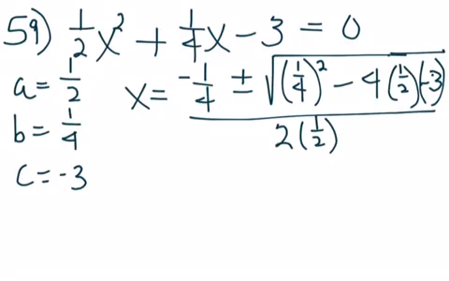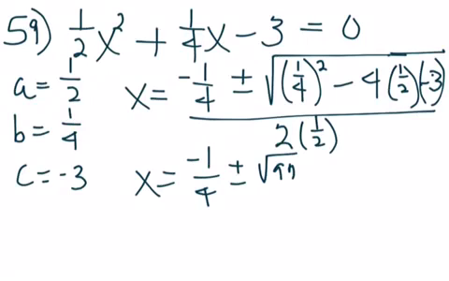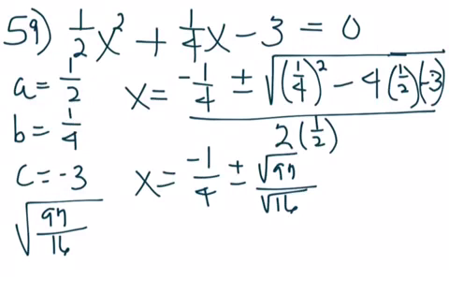If you do 1/4 squared minus 4 times 1/2 times -3 in the calculator, you will get the square root of 97/16. And if you'll remember, when we did square roots, you can split up the square root of 97 over 16 into the square root of 97 over the square root of 16. And then that's all over 1 because 2 times 1/2 is 1.